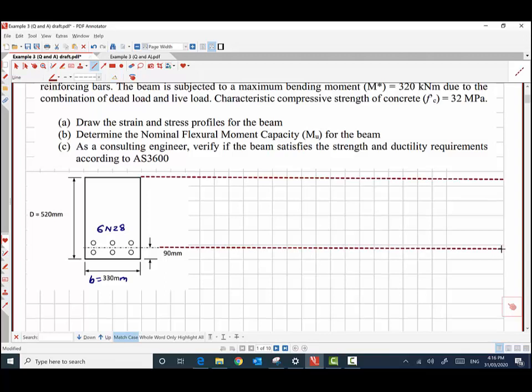So now drawing the strain profile here, and that's your strain profile, and this is your neutral axis depth.